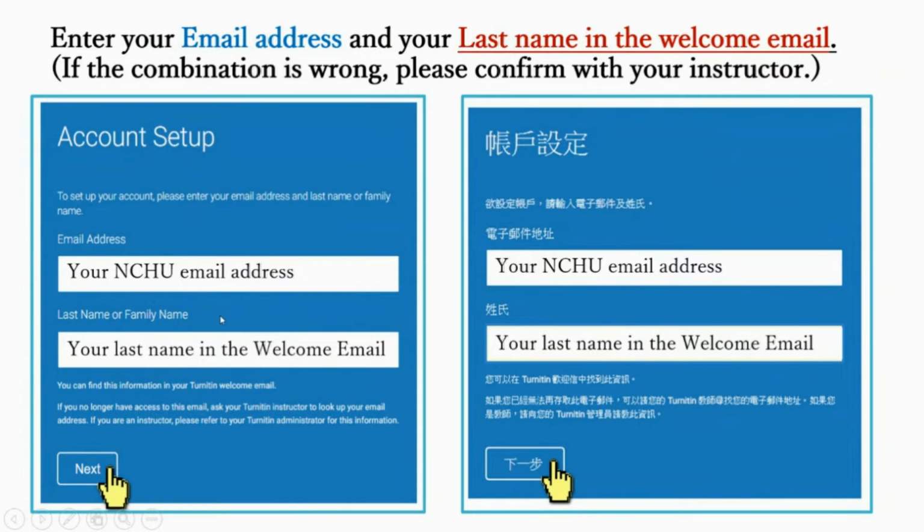If you see a prompt message that the combination is wrong, please confirm with your instructor or the department staff who created your account what email address and last name they entered in this system. Then click Next.